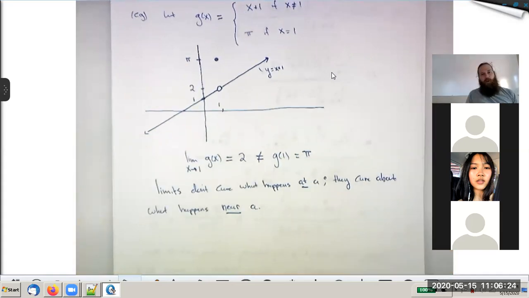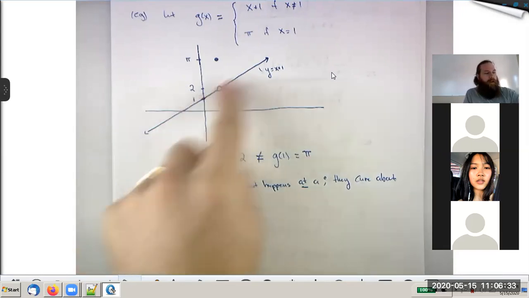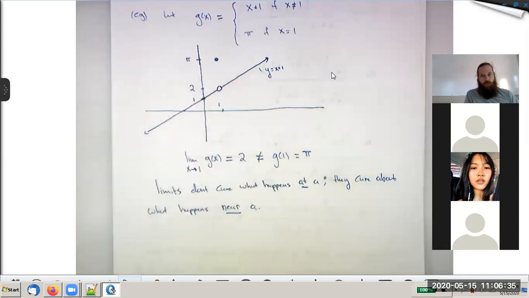So this limit doesn't care what happens at 1. At 1, g of x is equal to pi. It cares about what happens very, very nearby 1. And very, very nearby 1, g of x outputs values that are very, very close to 2. Bueno?